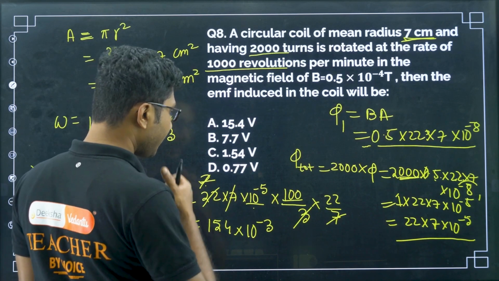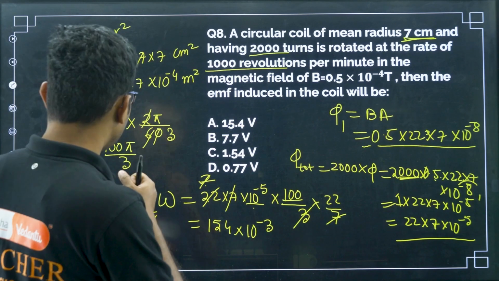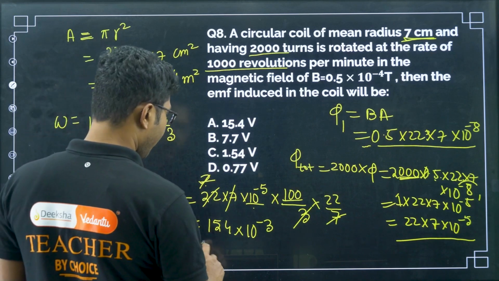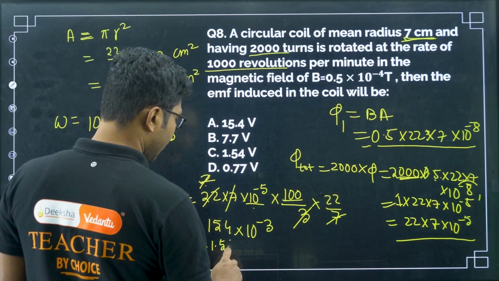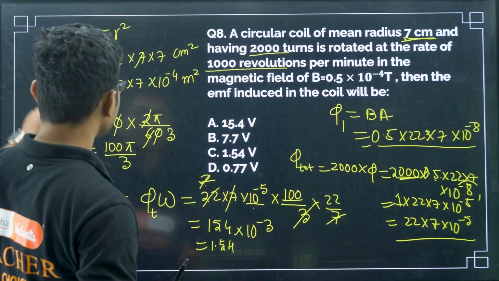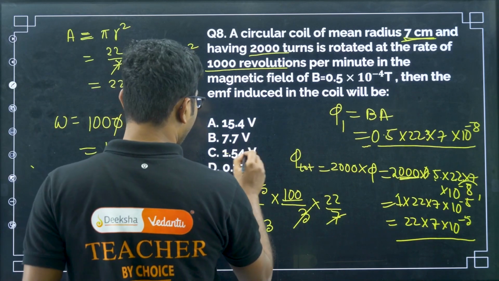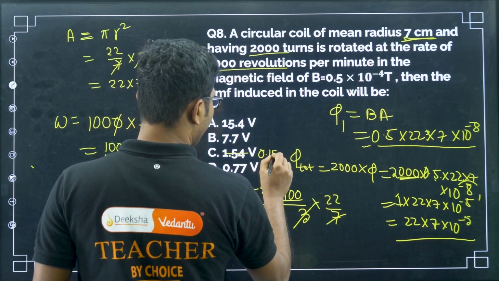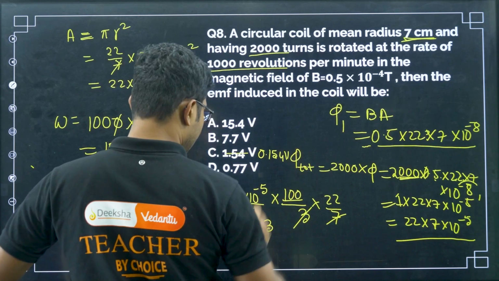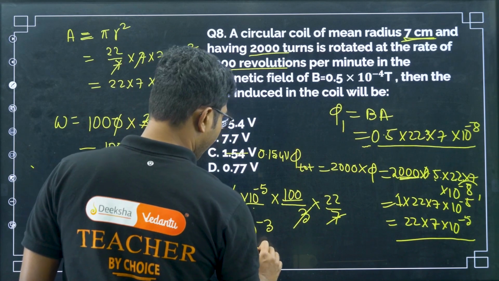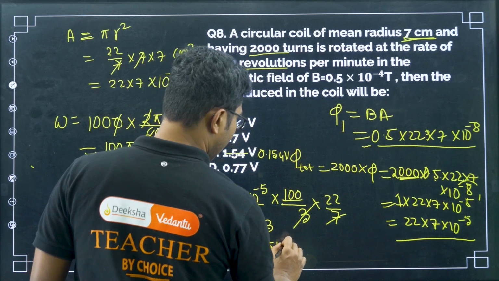I think I missed something somewhere. So the answer to this question will be not 1.54 volt, but it will be 0.154 volt. Sorry, there is a mistake in this question. 0.154 volt will be the correct answer.